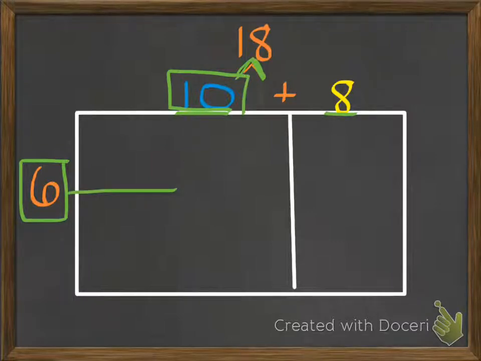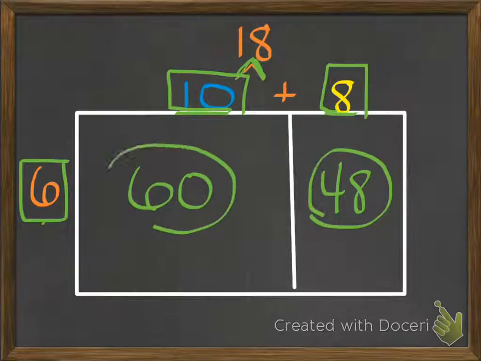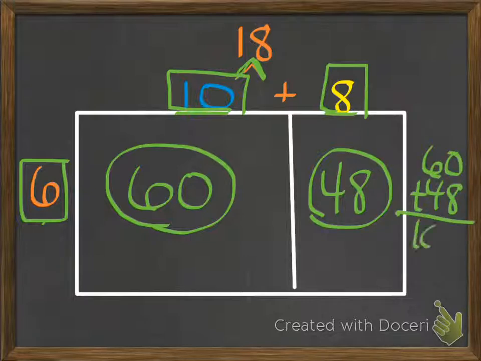So 6 times 10 is 60. Then I'm going to multiply this number, 6, with the next number on the top. 6 times 8 is 48. These are the parts, or the partial products is what it's really called. And then I add them together, 60 and 48. Add that up and I get 108. So this is just a picture model to show you exactly what we just did.